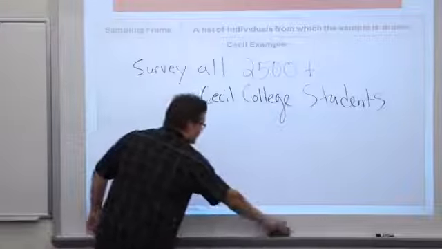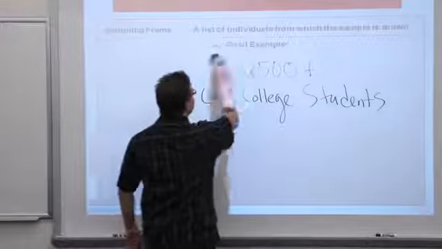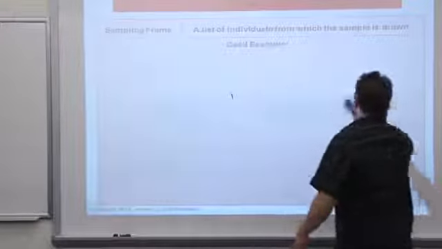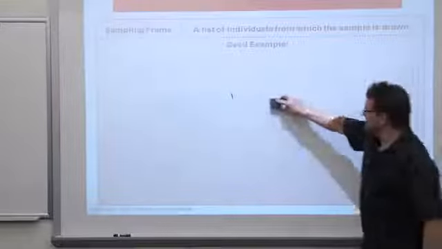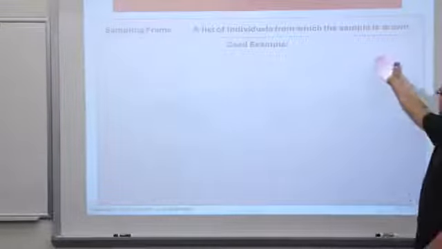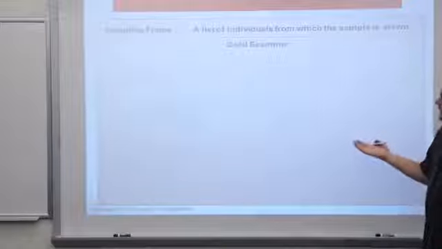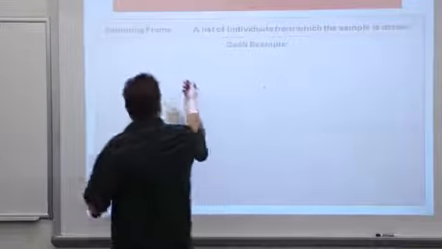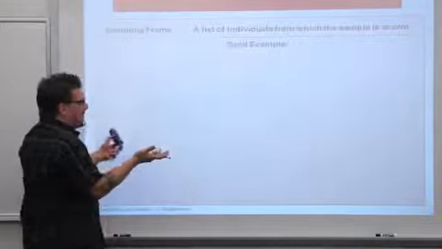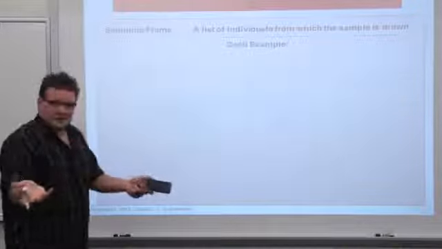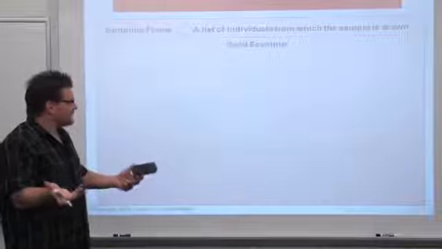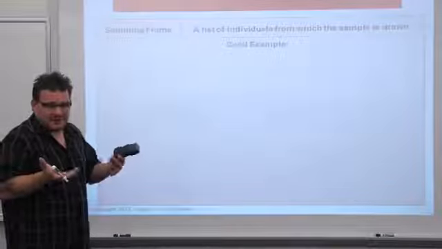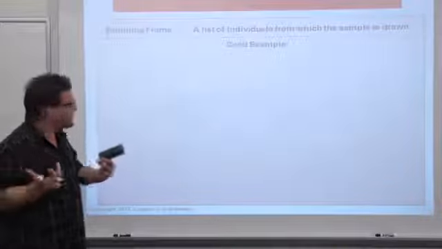What's a sampling frame? Get this out of the way. Sampling frame, the definition is it's a list of individuals from which the sample is drawn. So for this example, registration probably has a list of every student that attends here at Cecil College, but as a statistics instructor, they're not going to give me that list.